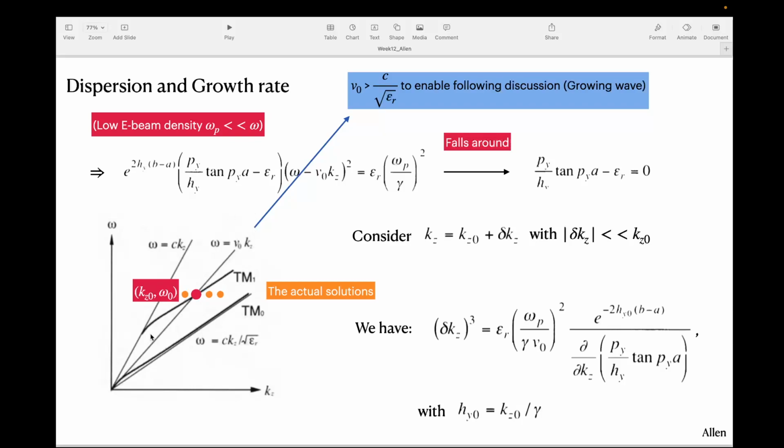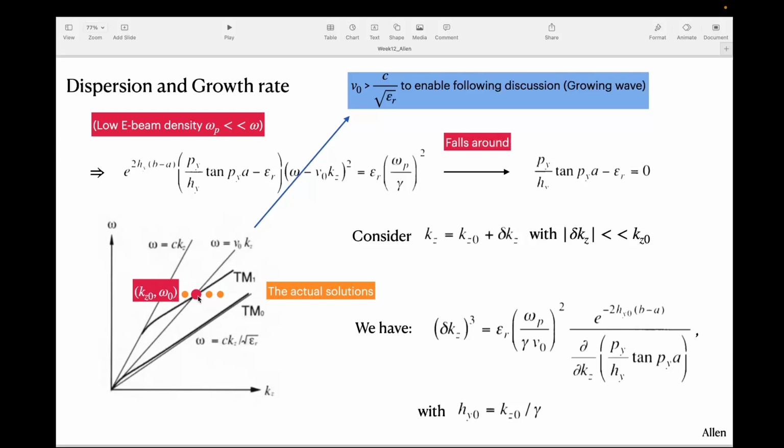So in the later sections, we have a really important condition: the electron velocity should be larger than the phase velocity to enable the further discussion.